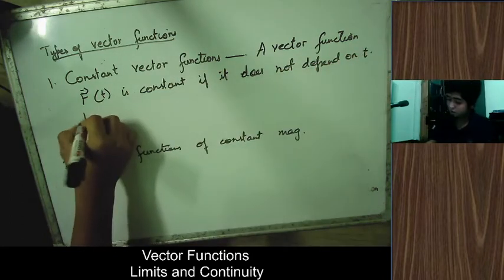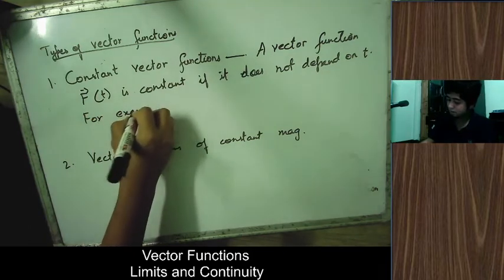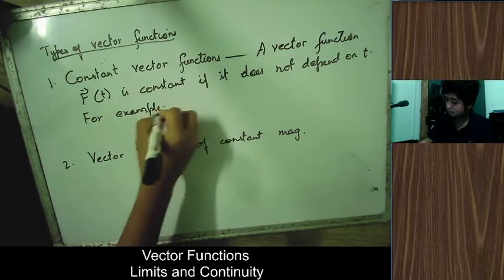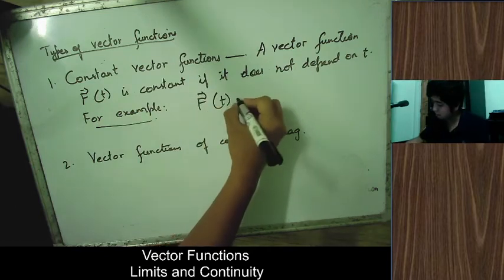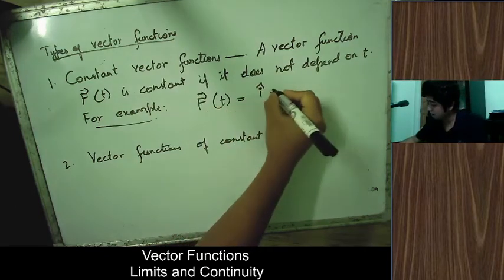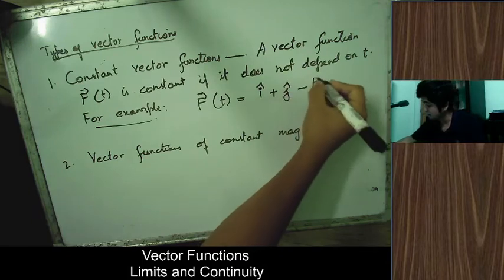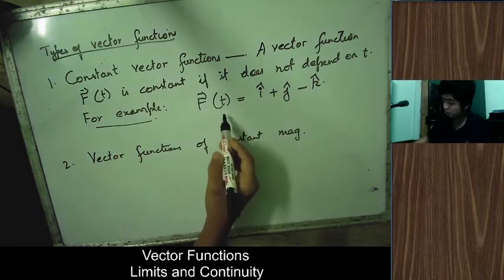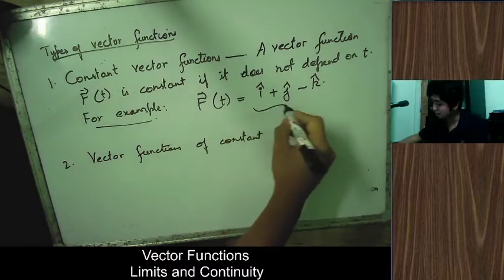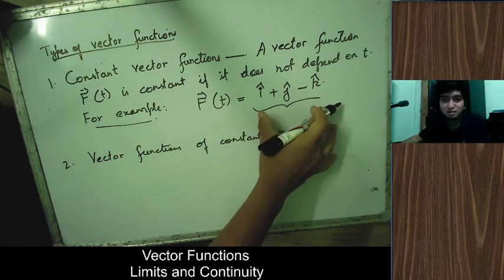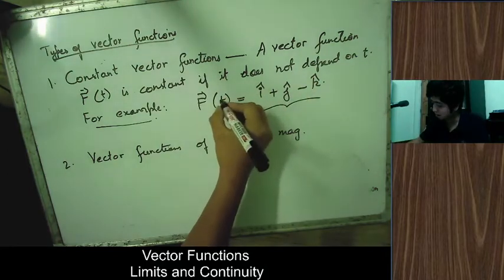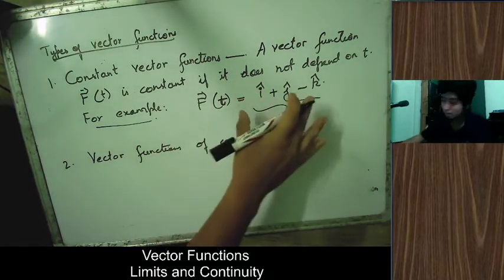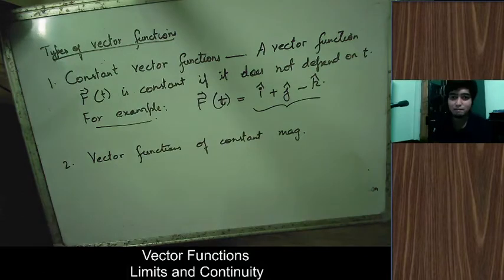For example, I will write over here f(t) equals i plus j minus k. Even if you put t equal to 0, you will still have the same vector. In fact, this does not depend on t, so it will be constant. Even if you change t, you will still get the same vector.